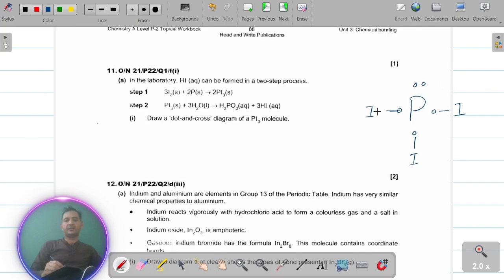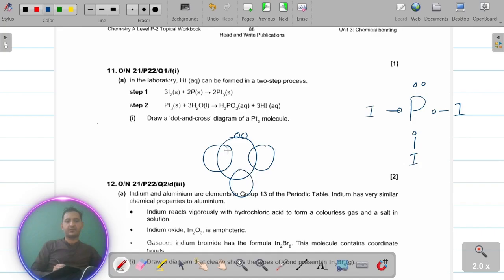Now I need to draw the structure. First the phosphorus with 5 electrons, and 3 iodines: the first iodine, the second iodine, and here I will draw the third iodine.